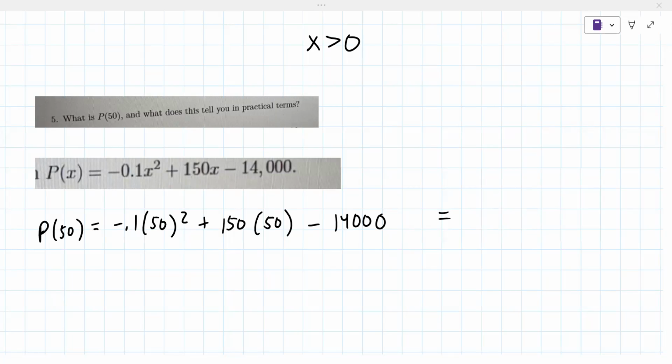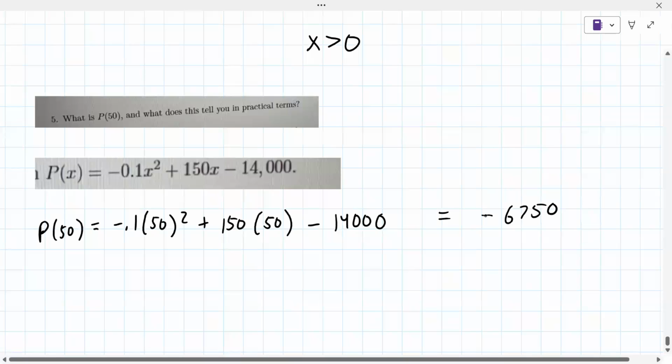Oh wait, is it 5850? It is negative 6750. Let me know if you need me to show you that on the calculator. It is really important that you can get this value because you'll be doing that a lot in this course. They'll give you a function, and you'll have to put a number in.